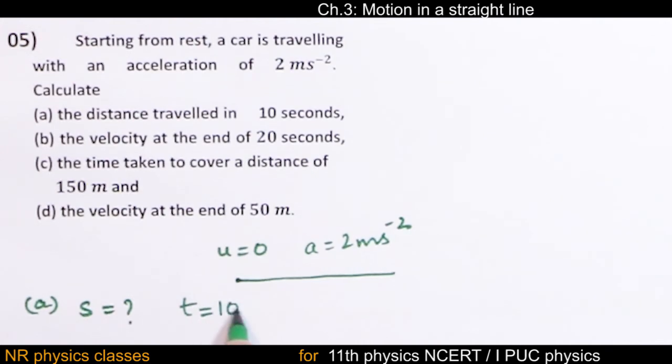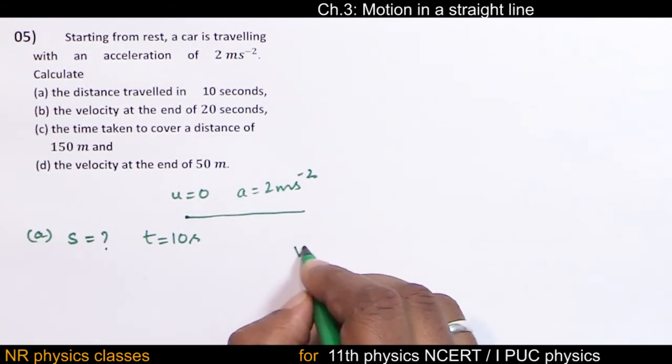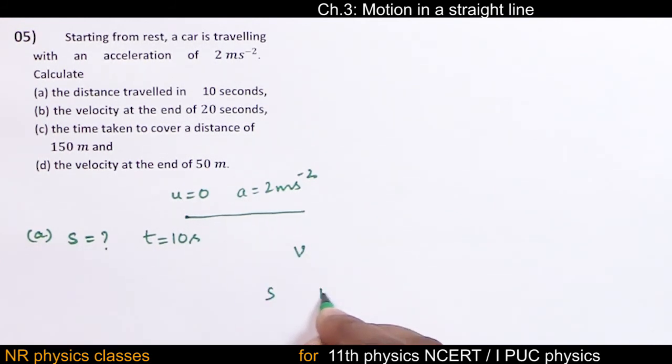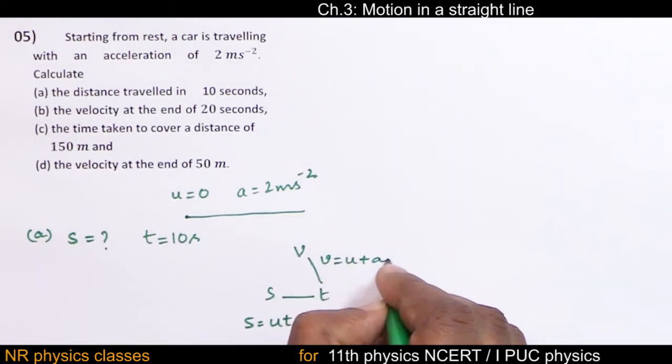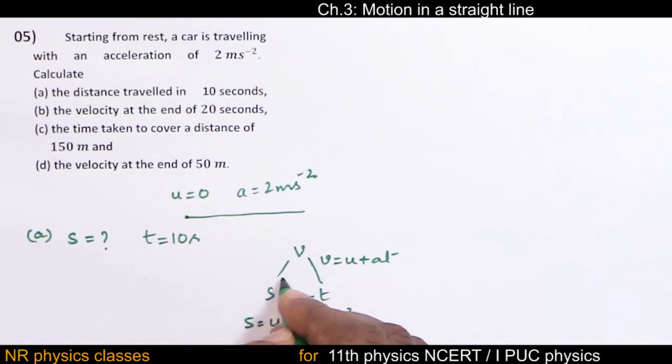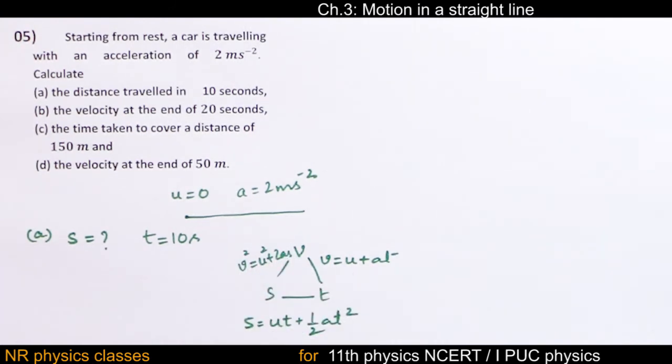Remember the equations of motion: V S T. ST means S equals ut plus half at square. Vt means V equals u plus at. Vs means V square equals u square plus 2as.